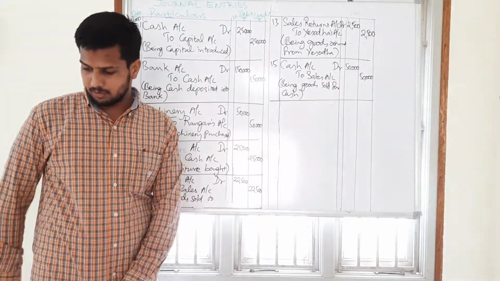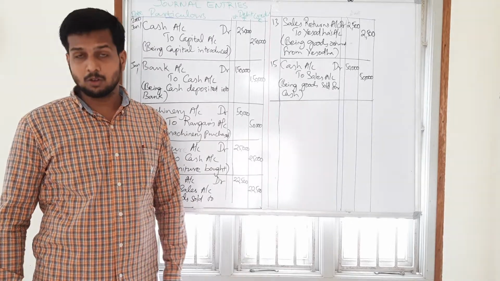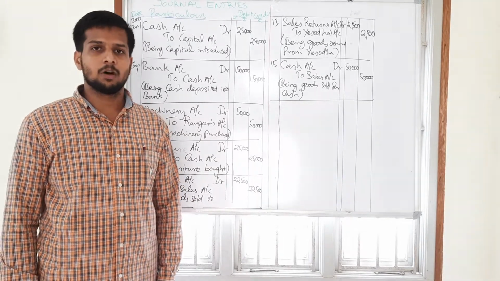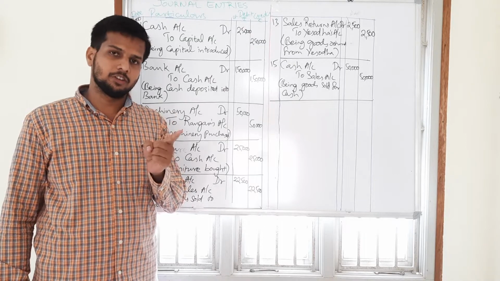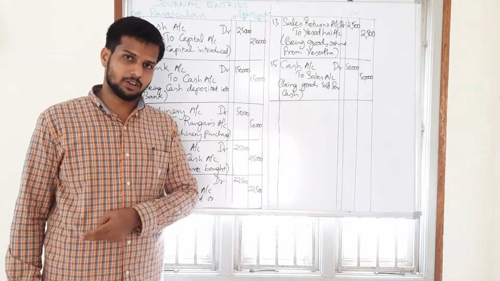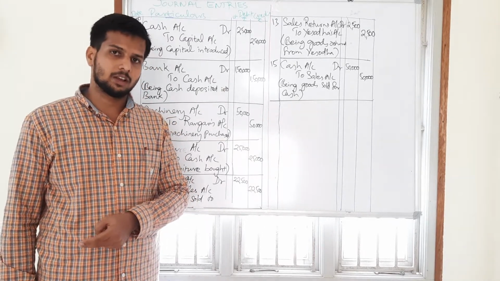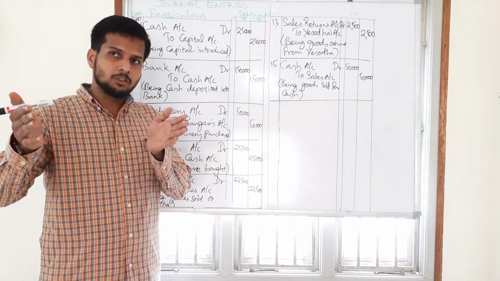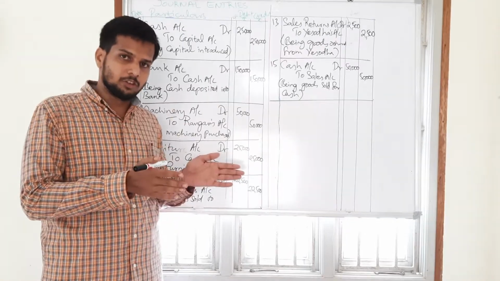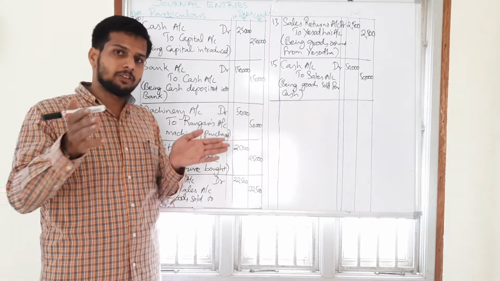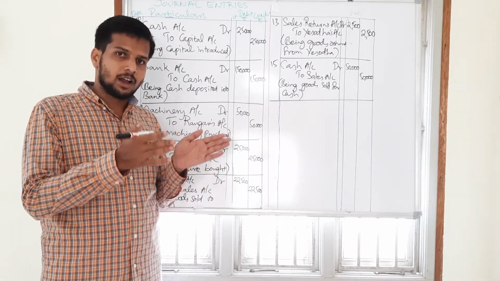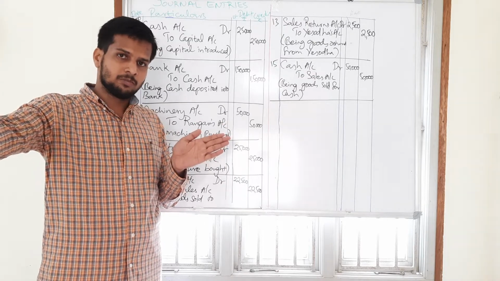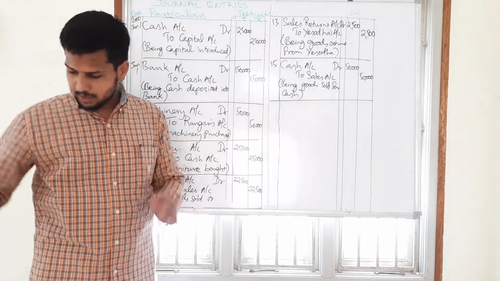Next one is the 17, bought goods for cash. Bought goods for cash means purchases account and cash account are affected. When we are buying the goods, the goods come into the business, so the purchases account should be debited, and the cash goes out of the business, so the cash account to be credited.